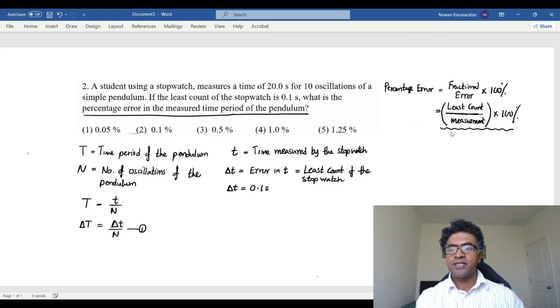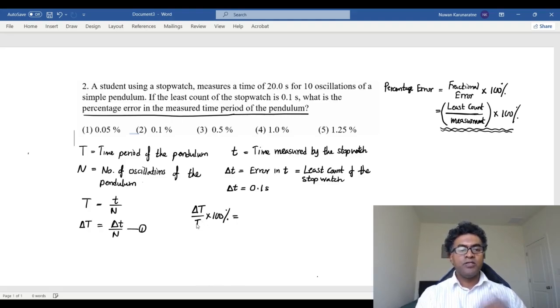This is something important that we are going to use in this analysis. So we need the percentage error of the time period of the pendulum. So the least count, or the error of the time period of the pendulum, delta T, divided by the measurement, that is the time period, uppercase T, times 100%. That's what we need to find out. But you can see we don't know delta T. We cannot calculate delta T with the given information.